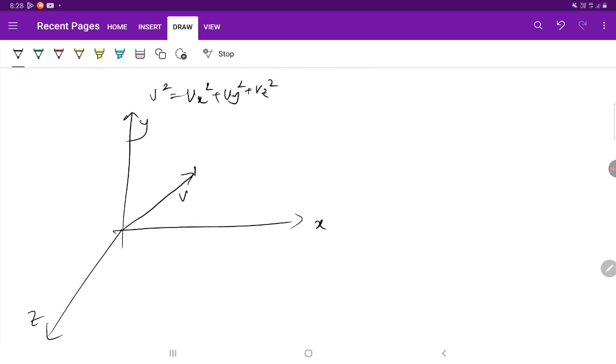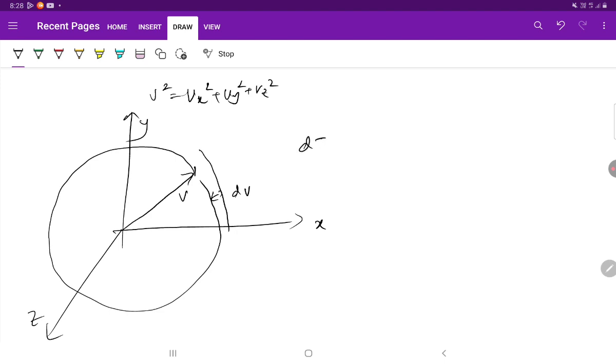Now, considering a small thin spherical shell having thickness dv, we can say d tau is equal to 4 pi v square dv. So basically this will give me the radial distribution of velocity, meaning the radial distribution of probability of a particle having velocity between v to v plus dv.